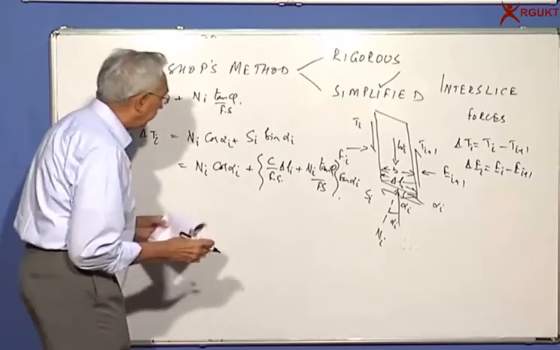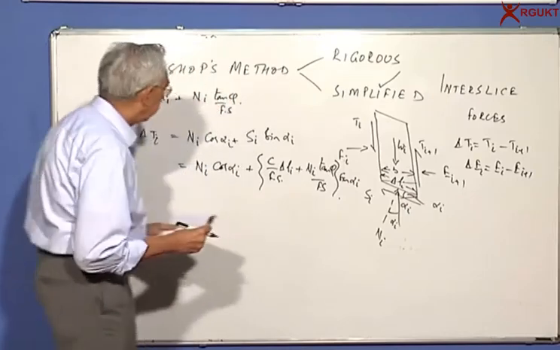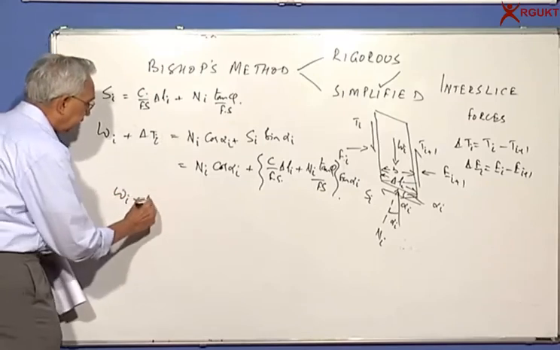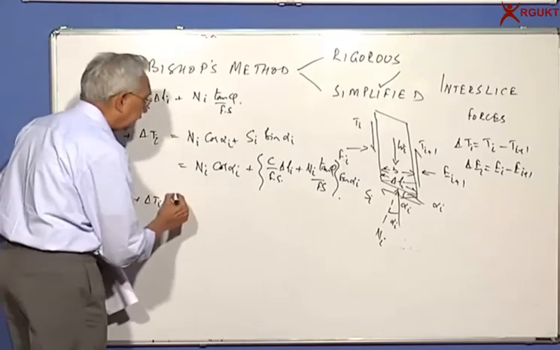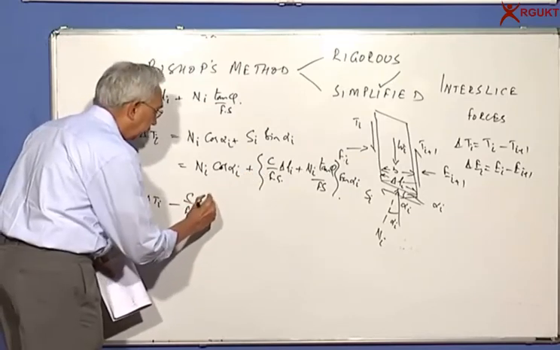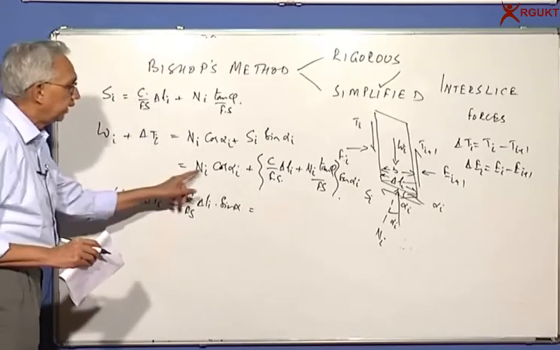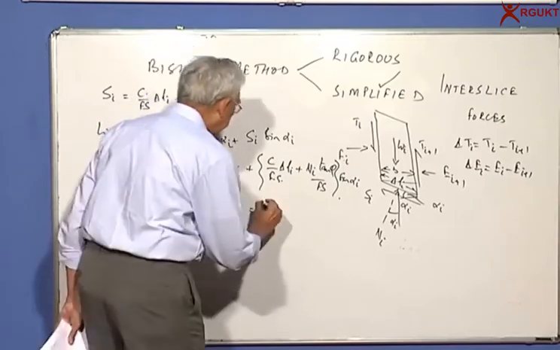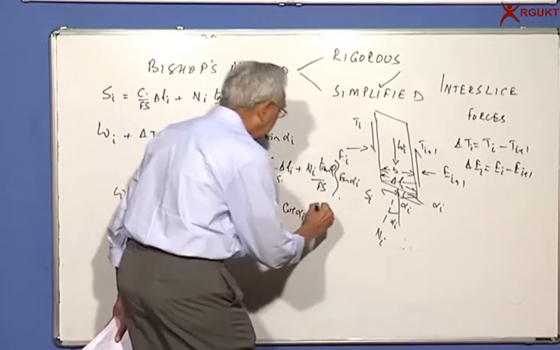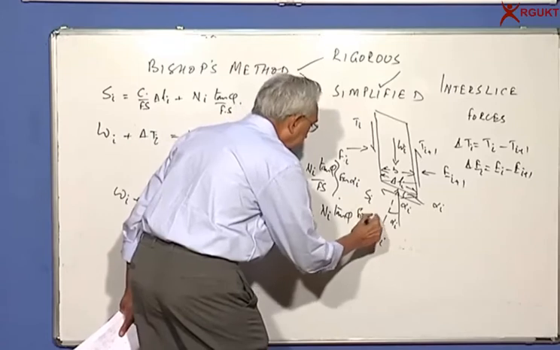Okay. Now what you find interesting is you have Ni here, another term Ni. If I want to simplify this, we will write it as Wi plus delta Ti minus C by Fs delta Li into sin alpha i is equal to Ni cos alpha i plus the term here. So you will have Ni cos alpha i plus Ni tan phi sin alpha i by factor of safety.